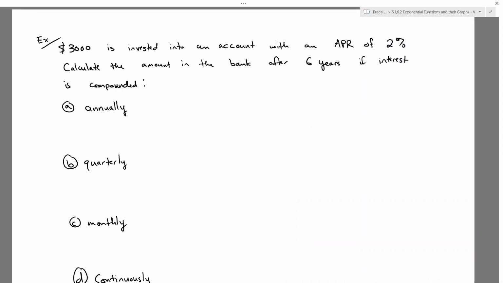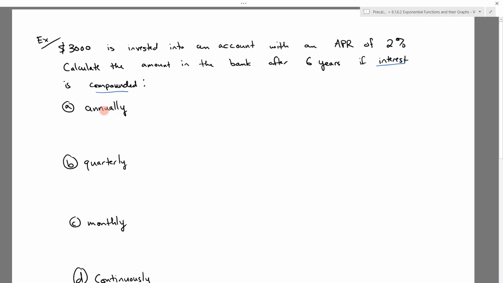Okay, so what does the first example say? It says $3,000 is invested into an account with an APR of 2%, and calculate the amount in the bank after 6 years if interest is compounded. Right, so we are working with compound interest, so we want to use the compound interest formula.